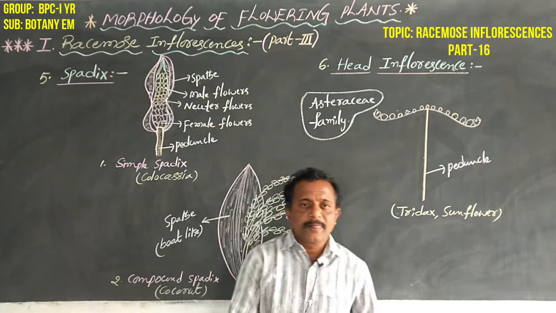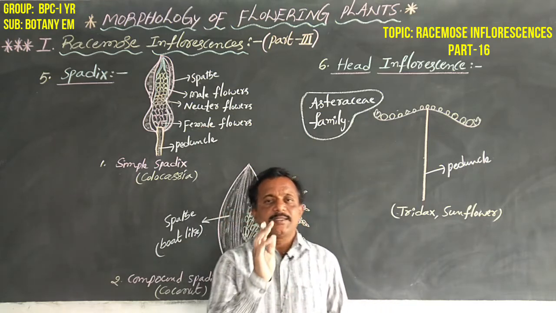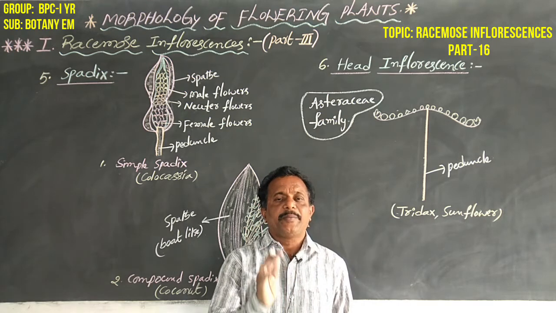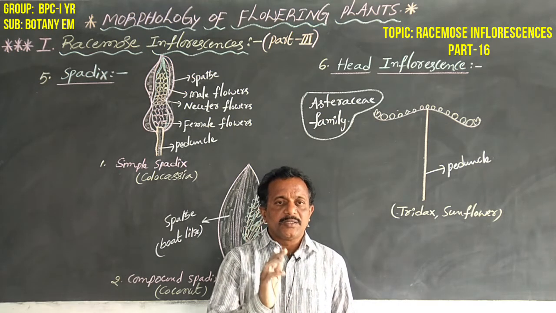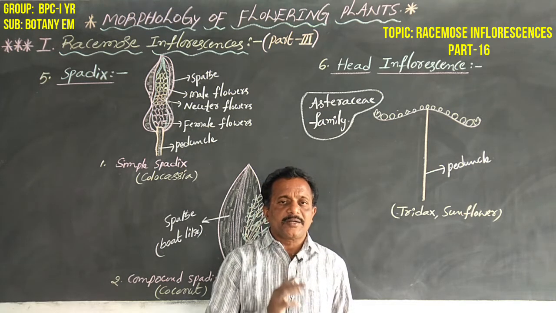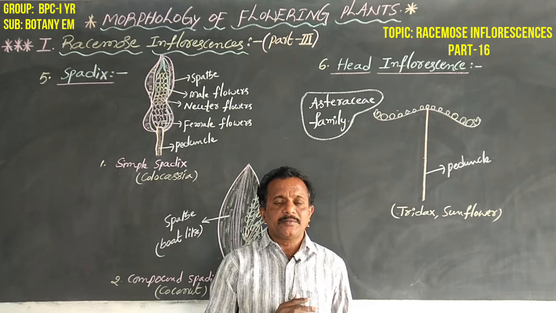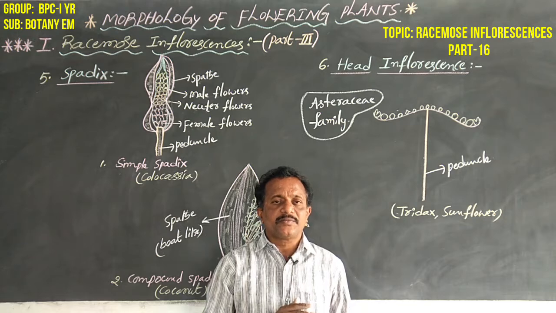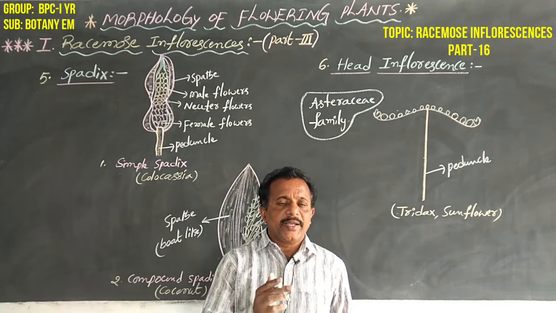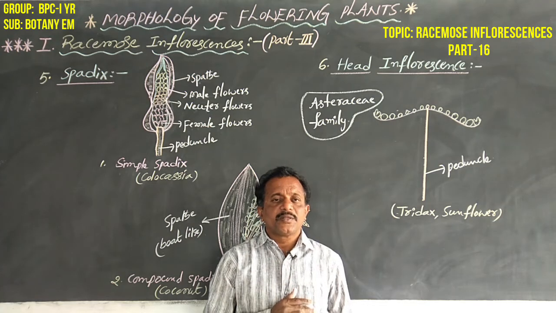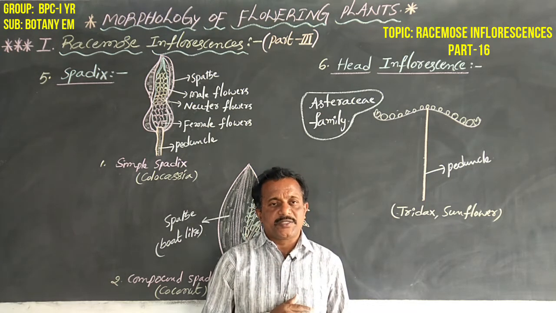Dear students, this is a racemose inflorescence. This question is very important in the IPE pattern. In this chapter, morphology of flowering plants, three long answer type questions are very important. First, define root modification and explain how it is modified to perform different new functions.